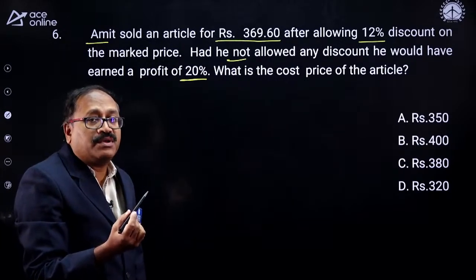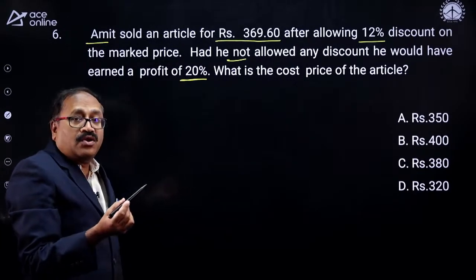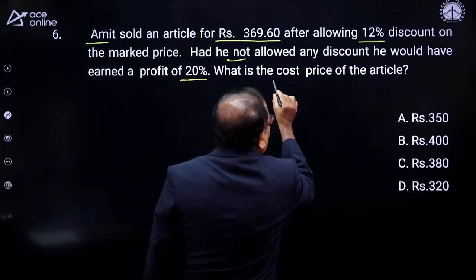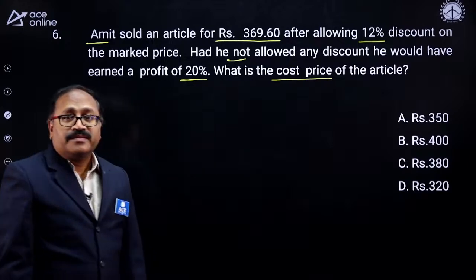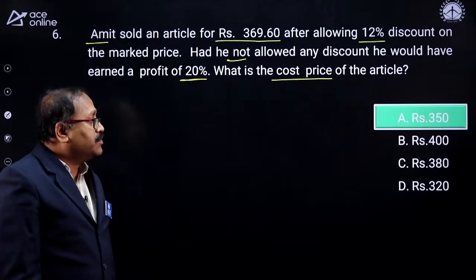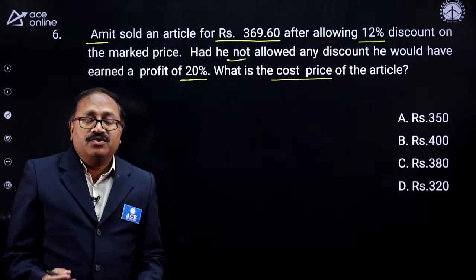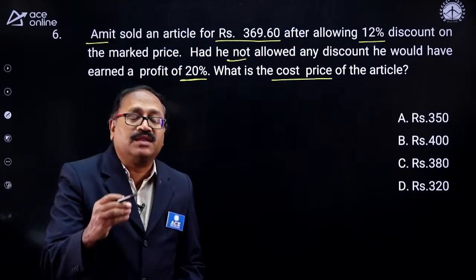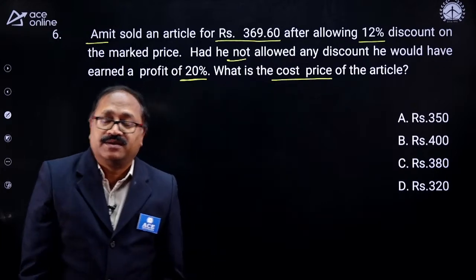If he had not given the discount, he would have gained 20%. So what is the cost price? Understand the question. I am giving you 15 seconds to understand the question. Then I will give you the best and easiest way to answer it.